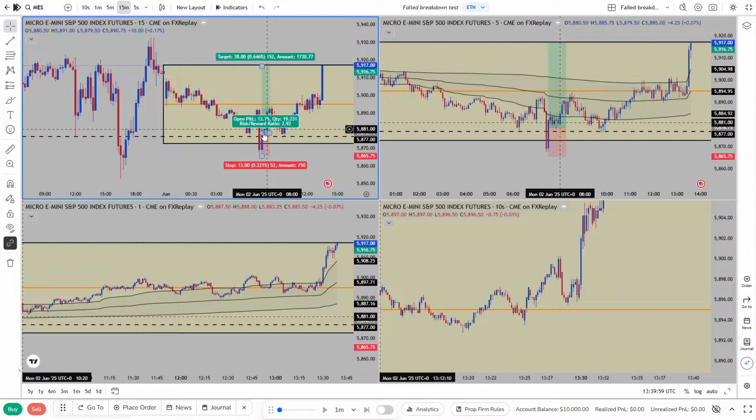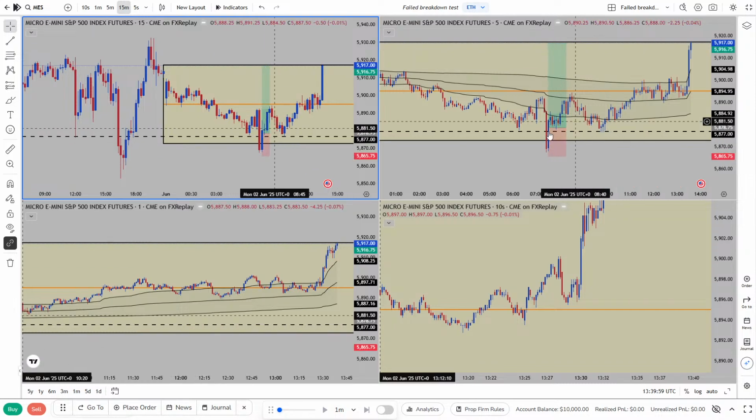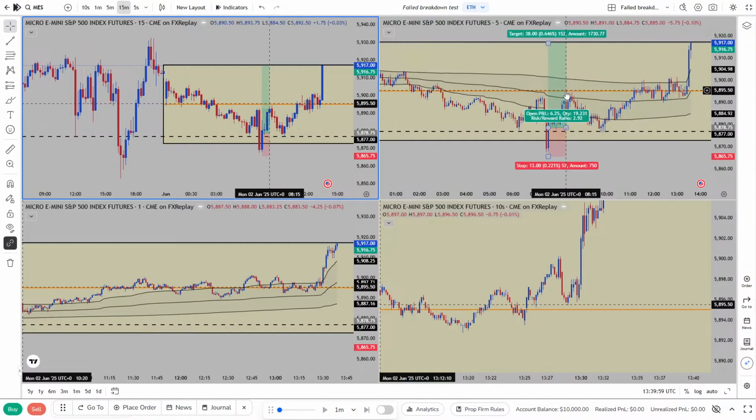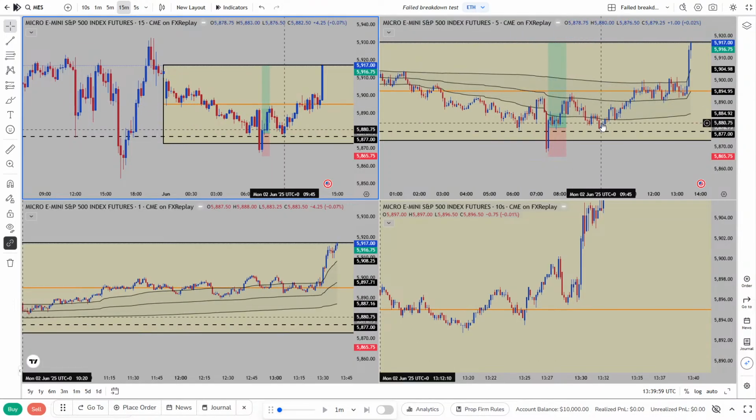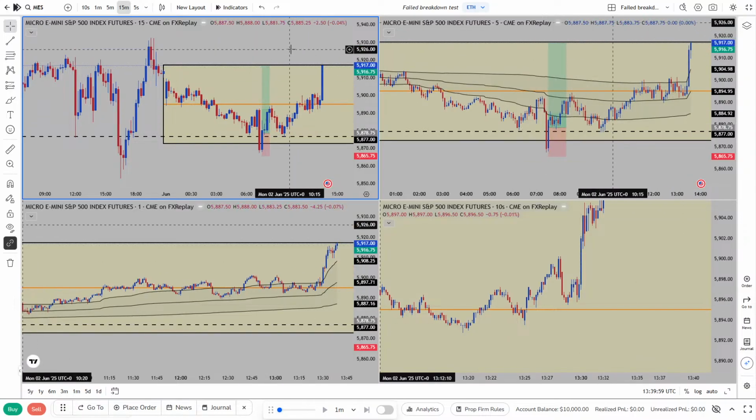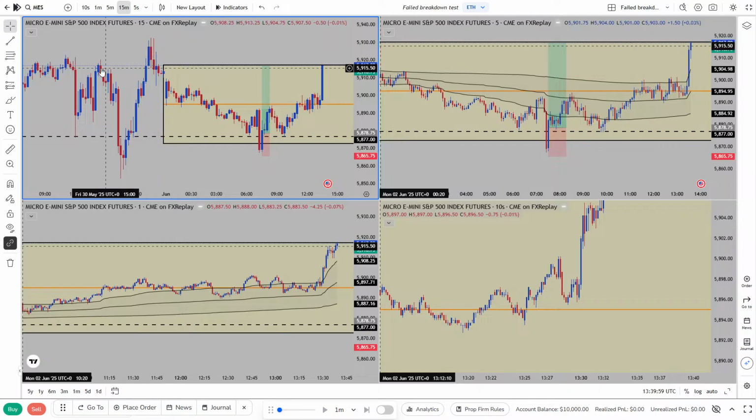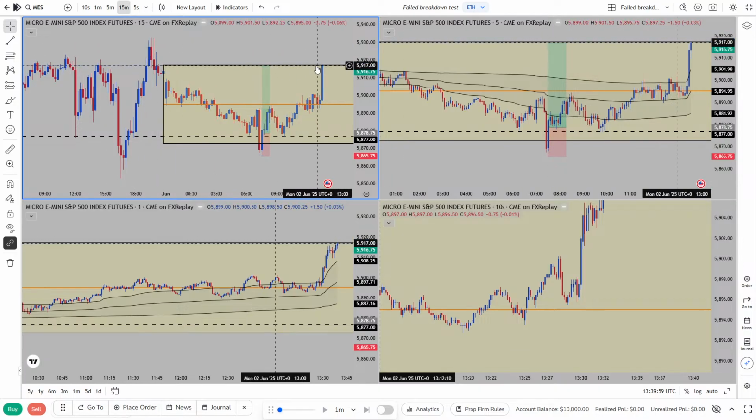But we can see here that the fail breakdown happened around here. We can see acceptance hit at the previous DVA VWAP, it retested the same level again, and then ripped off. Here you can see it almost tested the highs, the previous DVA high.